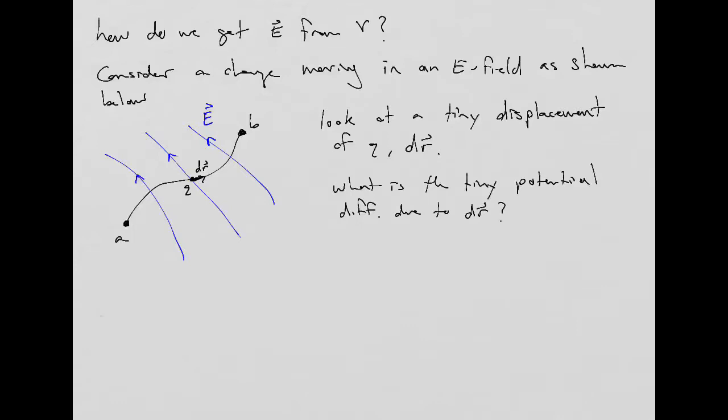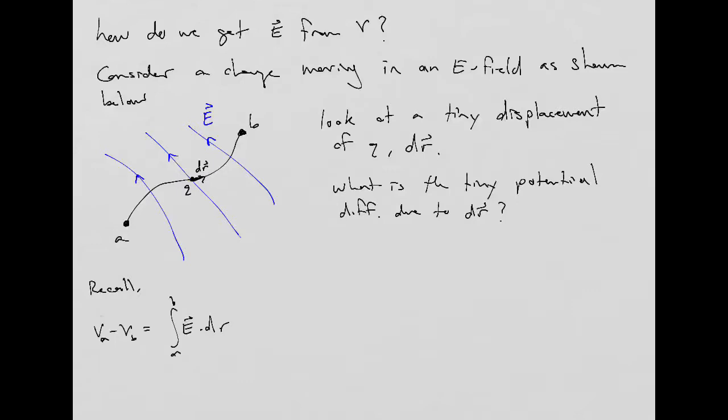Okay. In order to figure this out, I'm going to remind you of our equation that related potential to electric field. We had VA minus VB is equal to the integral of E dot dr from A to B. Okay.